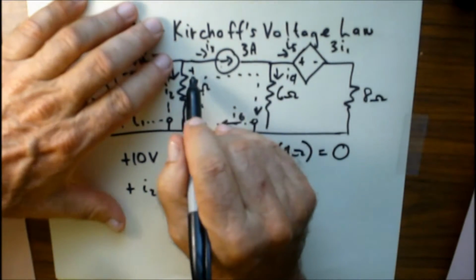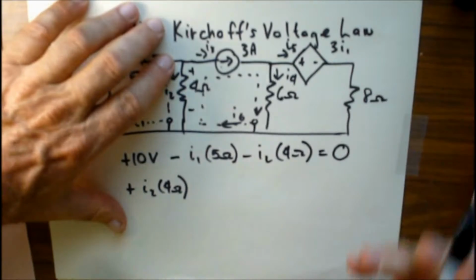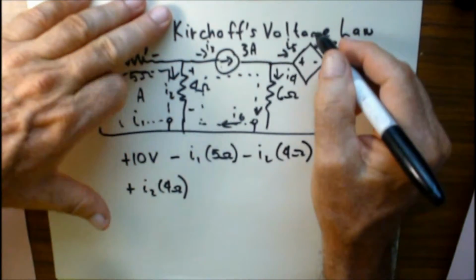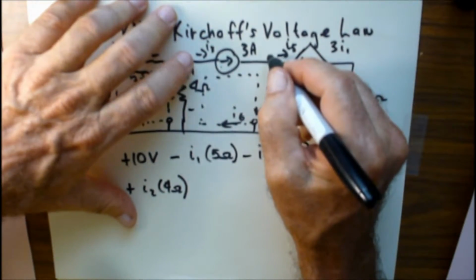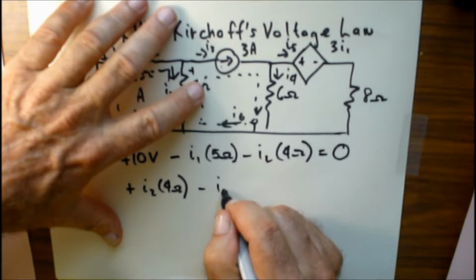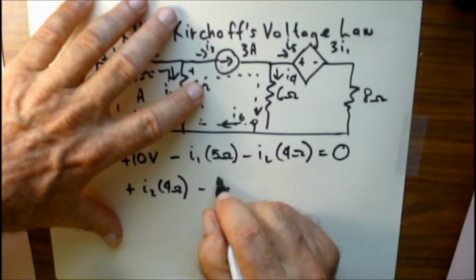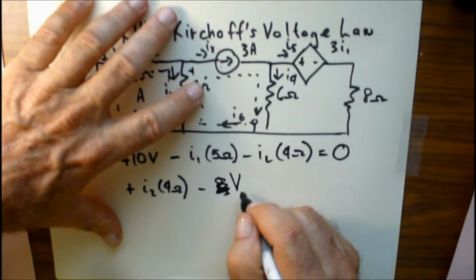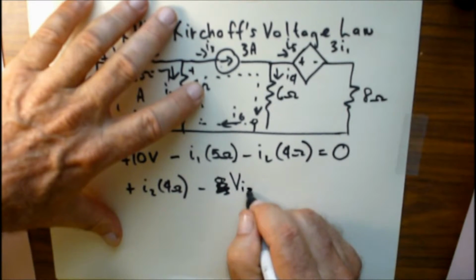And then we have this current source here, but we don't know what this voltage drop is, so we're going to call this minus V of I3.